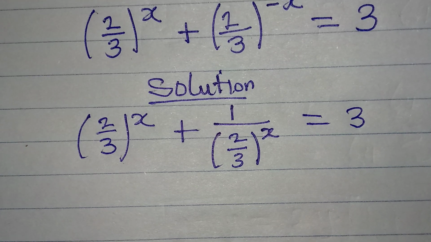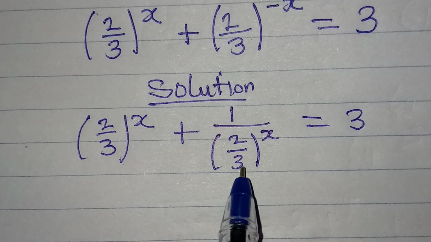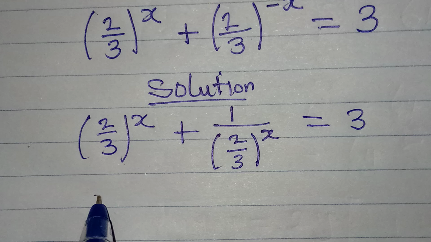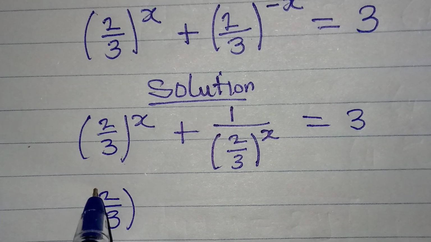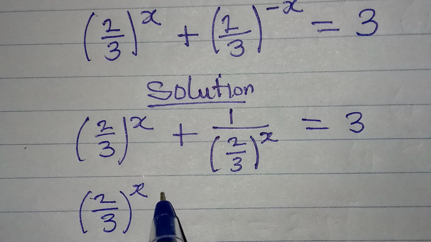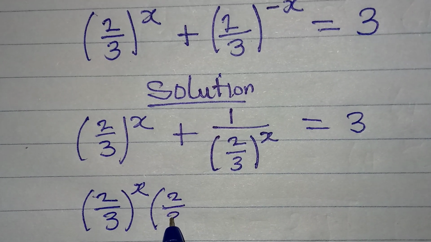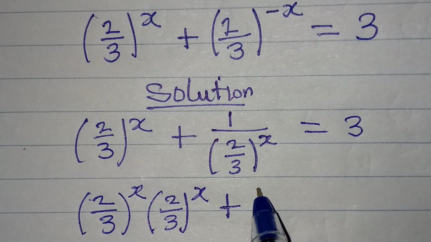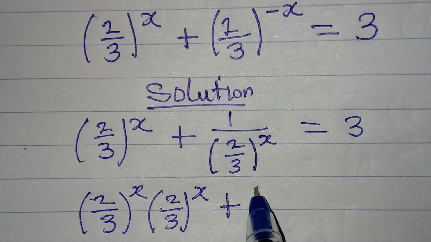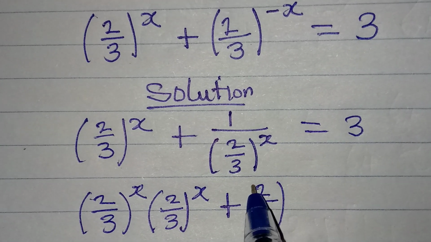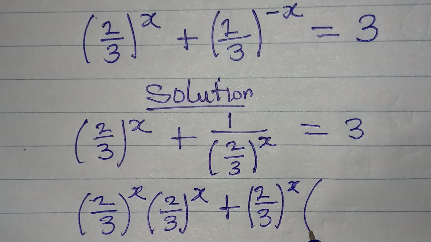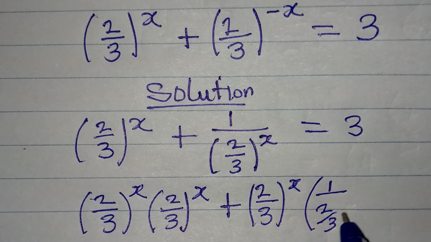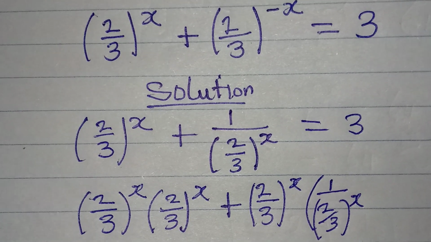So from here we can now multiply. The LCM is (2/3)^x, right? So we're going to have (2/3)^x multiplied by (2/3)^x plus, we're going to have (2/3)^x multiplied by the whole of this, which is 1 over (2/3)^x.